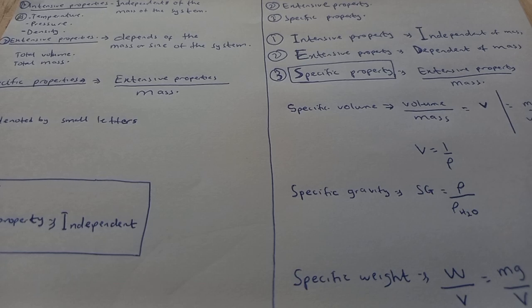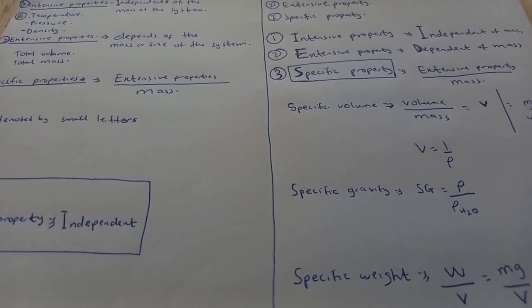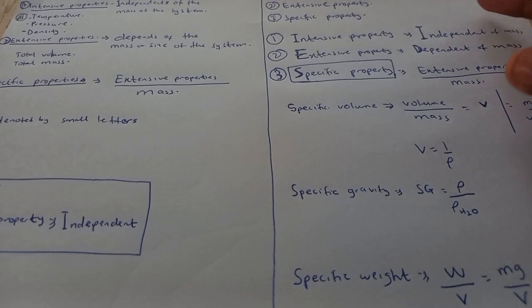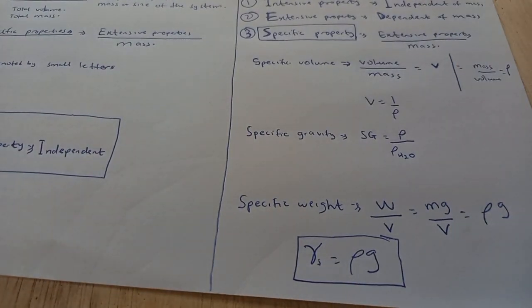The specific volume is the normal one, the extensive property per mass. But the exceptions: specific gravity is the density of a substance to the density of a known substance, let's say water. And we have the specific weight having its own exception. That's weight divided by volume, not mass.